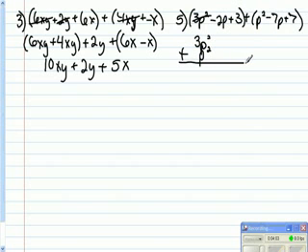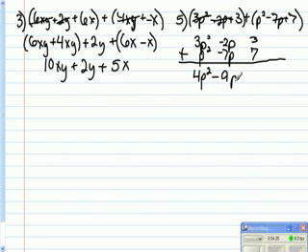I'm going to be adding. Negative 2p and negative 7p would go together. So those are gone. And then the 3 and the 7 would go together. 3p squared plus another p squared is 4p squared. Negative 2 and negative 7 is negative 9p. 7 plus 3 is 10.